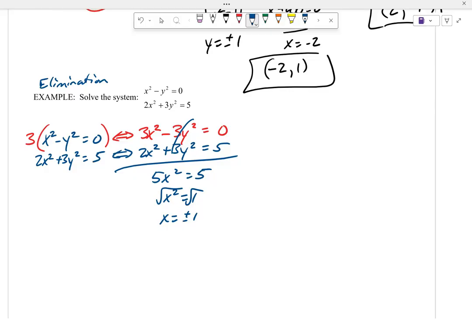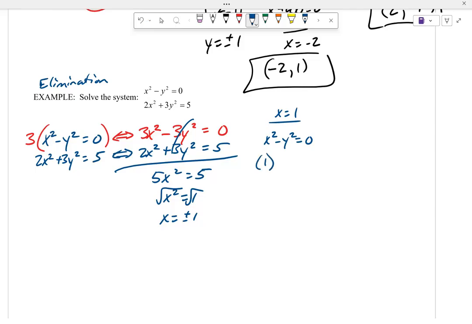Well, if x is 1, and when I plug it in, notice both of these have a y squared. So I'm going to get two y values when x is 1. Right, just for either equation. So it really doesn't matter which one I plug it into. I'm just going to plug it into the first one.